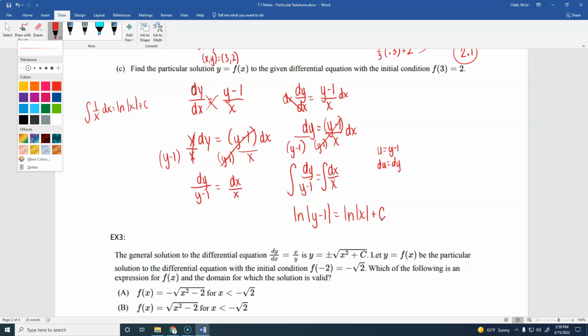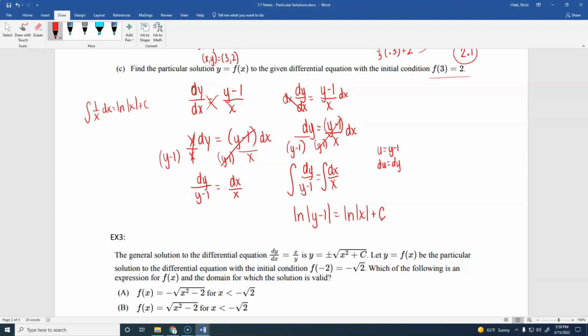It is a huge deal, because if you don't have the plus c, you can't find the particular solution. At this point, we've got to either solve this for y or use our initial condition. But if we don't have the plus c there, then we can't find the particular solution because we don't have that variable there to solve for.